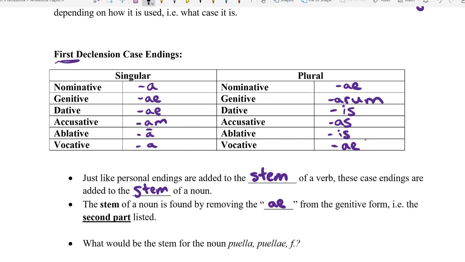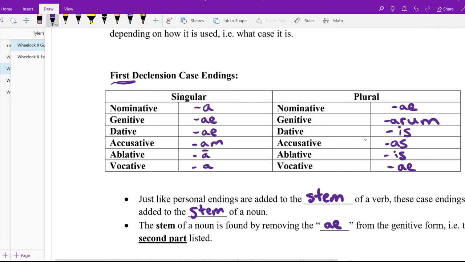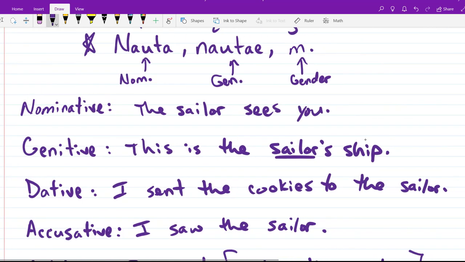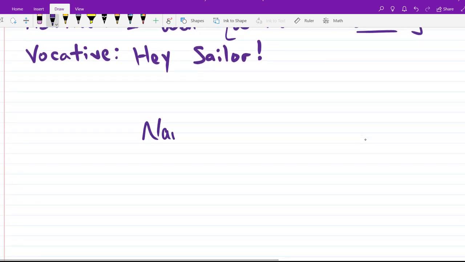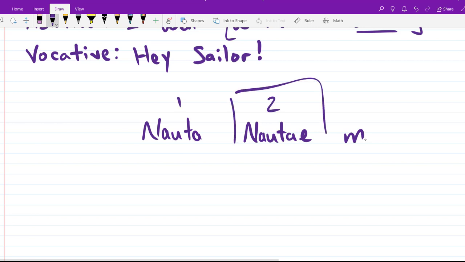Okay, so if we went back to our example of nauta, nautae, let's do it down here. Your second part, so we're going to be dealing with this.